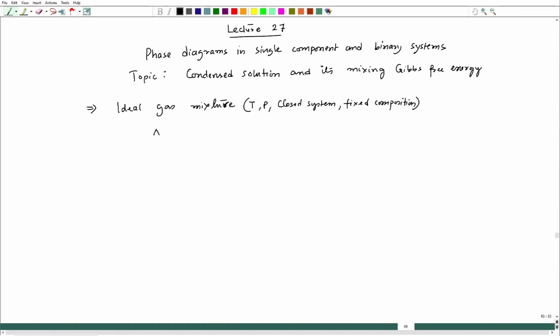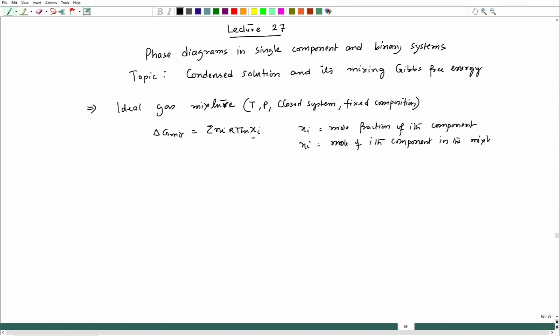In that case we have found delta G mix equal to, summation of Ni R T ln Xi. Here Xi is the mole fraction of ith component and Ni is the mole number of ith component in the mixture. R of course is the universal gas constant, T is the temperature where we are operating.